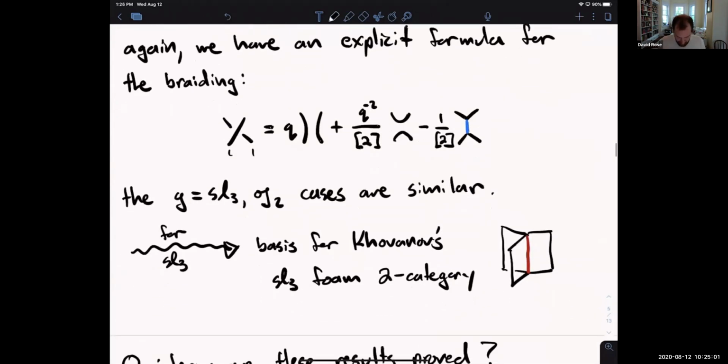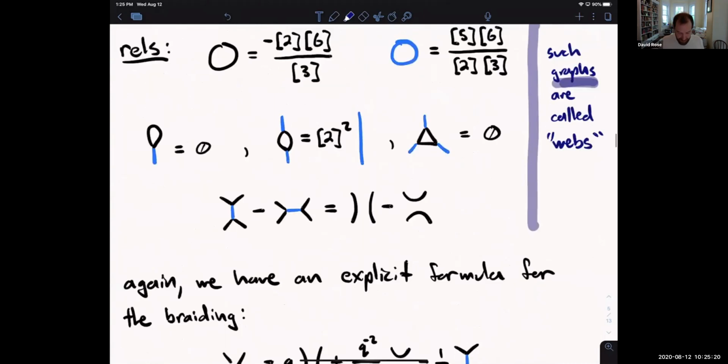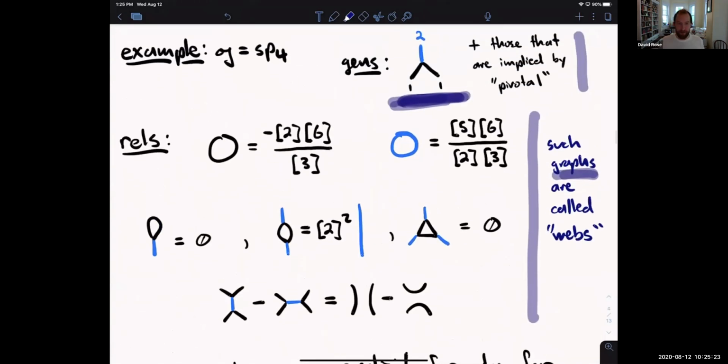And again, just one nice application is these again form some foundation for a link homology theory. So in this case, I guess I'm writing down the SL3 case. Shift from this rank 2 Lie algebra to a slightly better understood one, SL3.